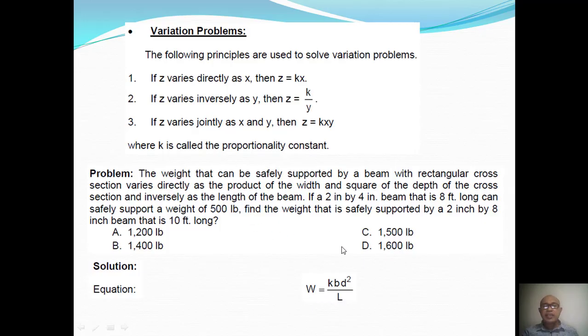Okay? So the first set of values here is given to solve for the value of K. So we have here, if a 2 inches by 4 inches, 8 feet long beam can support a 500-pound weight, so if we substitute that, I will write again the equation.